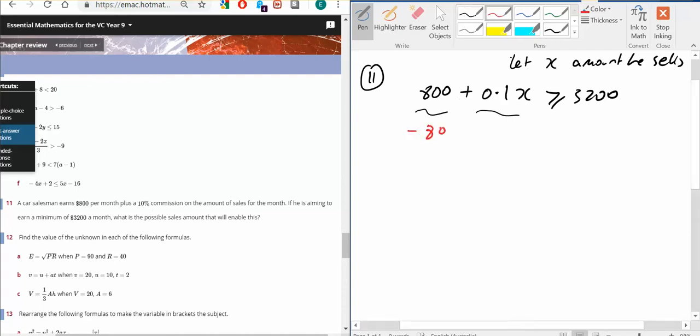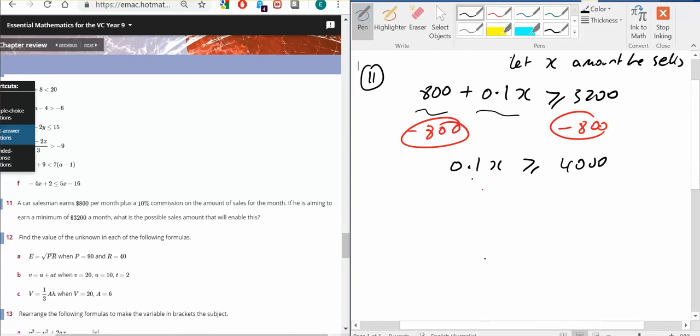I'm going to subtract 800 from both sides. So I'm left with 0.1x is greater than or equal to 4,000. Now 0.1 as a fraction is the same as 1/10, so it's the same as x divided by 10, greater than or equal to 4,000. I need to multiply both sides by 10 to get rid of the divided by 10.